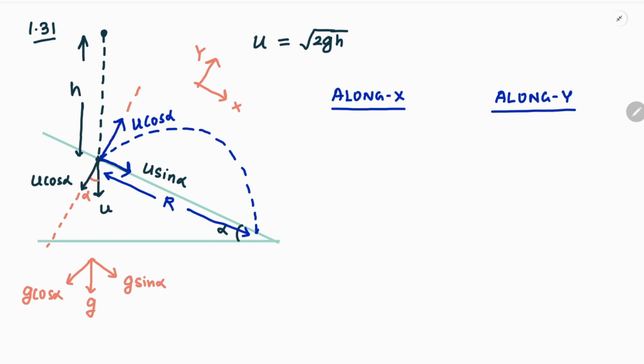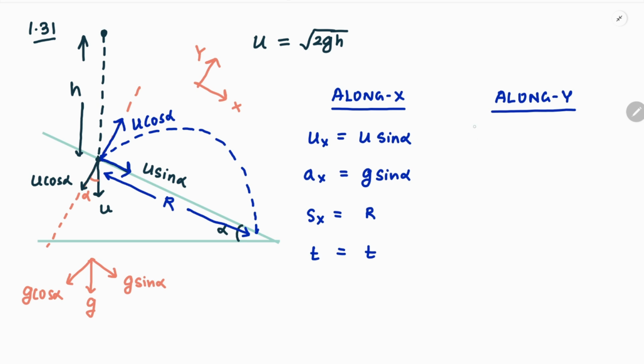Along the x-axis, the initial velocity in the x-axis direction is equal to u sin alpha. Downward we take as positive. Acceleration in the x-axis direction is g sin alpha. Displacement in the x-axis direction is r, which we want to calculate, and time is t.